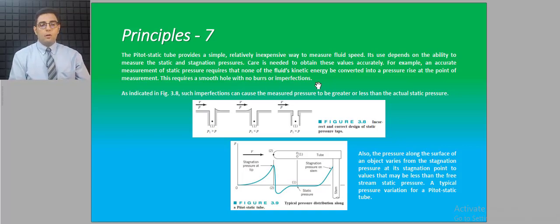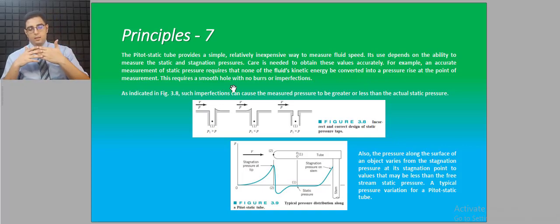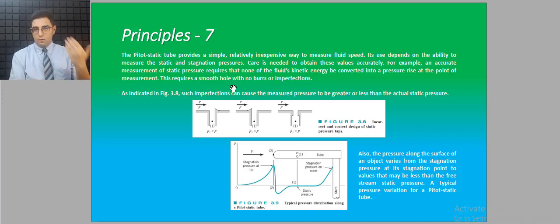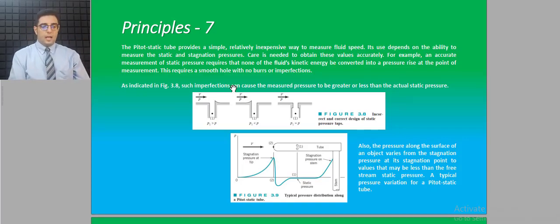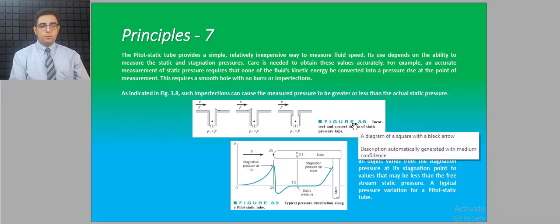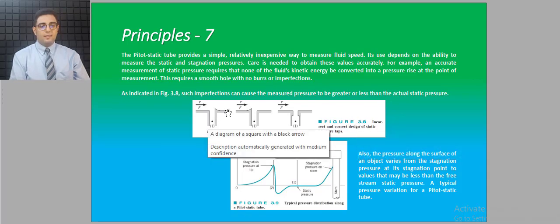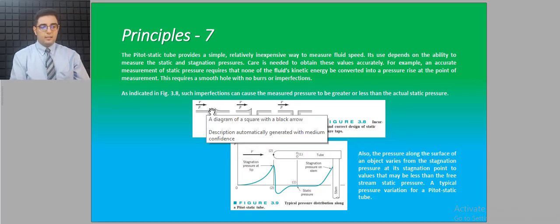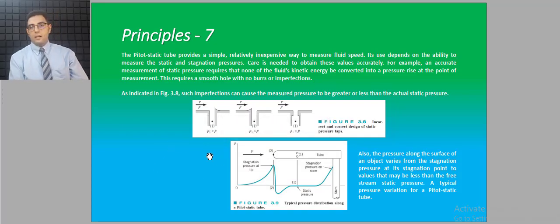As long as the whole kinetic energy is converted to the pressure rise, it is required that the pitot tube has smooth holes and no burrs or imperfections. As you see in figure 3.8, when we have the tip in either this part or this part, the pressure rise might have variations.